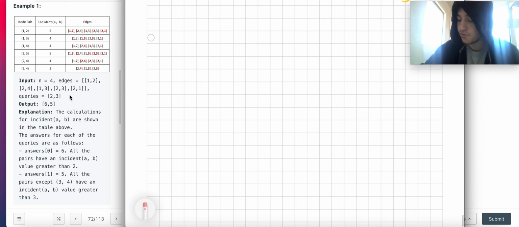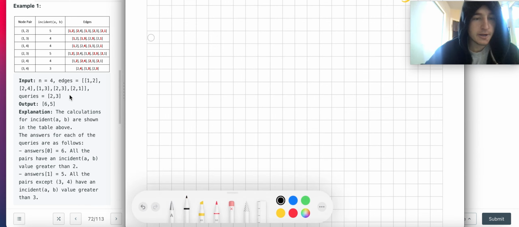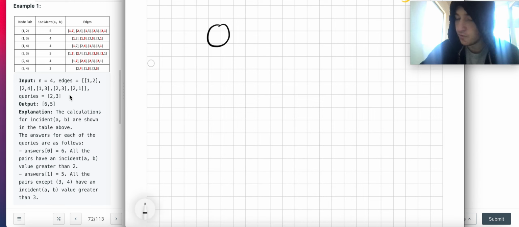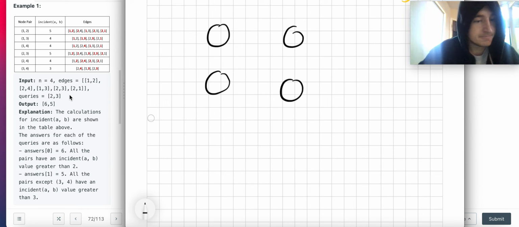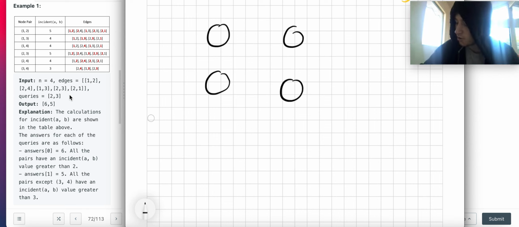So we have n equals 4, right? So we'll just draw out the graph. I'm not sure if we'll actually develop the entire graph in the problem, but let's just draw it out for the sake of trying to get a better comprehension of how this is supposed to work.